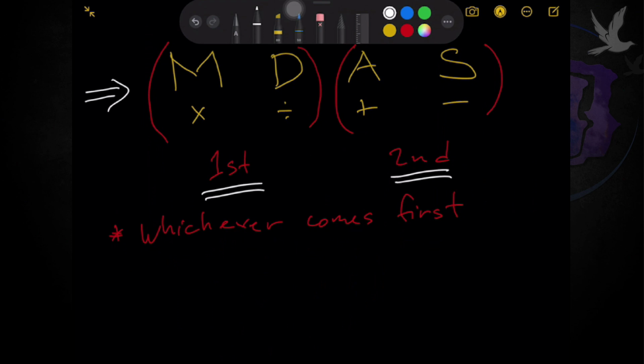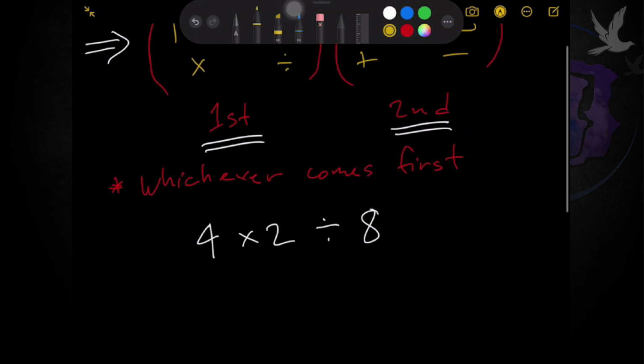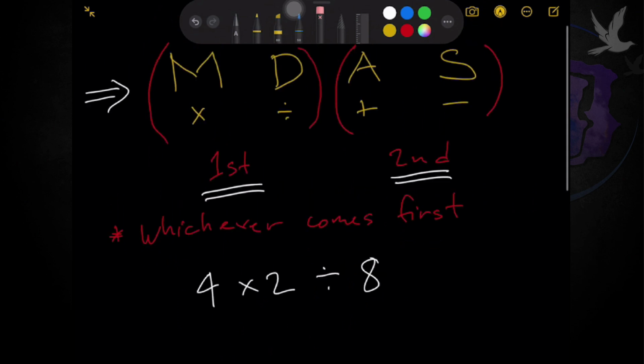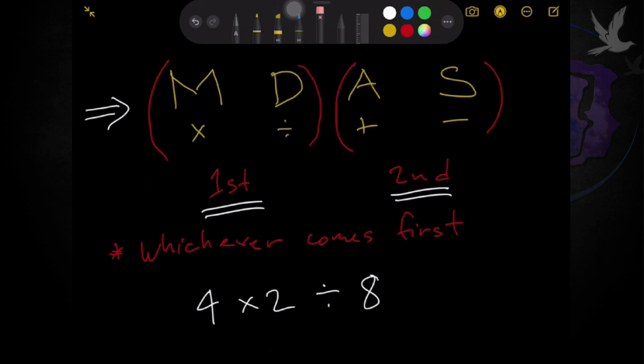So, if there is a multiplication and division sentence at the same time, for example, 4 times 2 divided by 8, if you notice, we have the multiplication and the division signs here. And you might tell me, of course, Teacher Mark, you are going to do multiplication because M goes first. No, that is not the case.